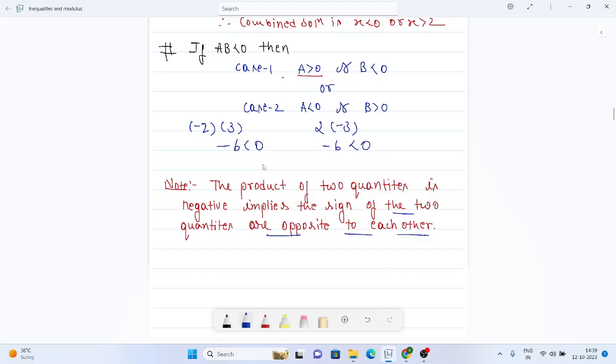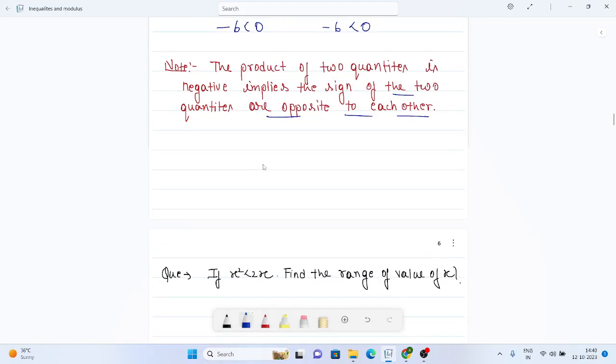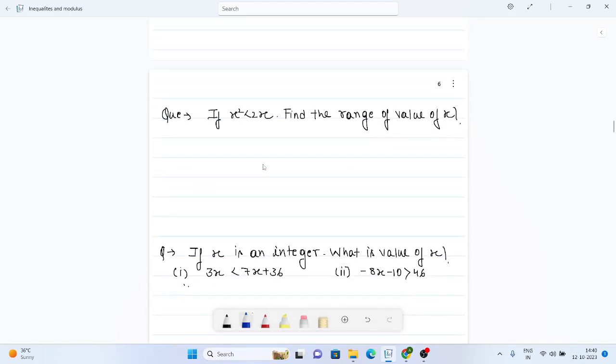Okay, so you got this. Then we solve one question on this. The question is, if x square is less than 2x, then again you have to find the range of x. We do the same.